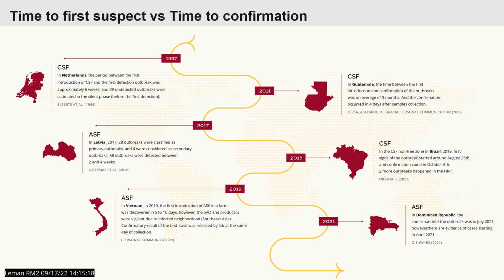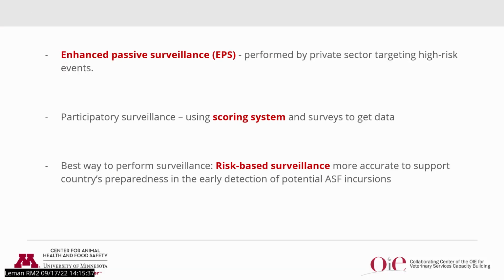We don't know how long it took. So we think that, and following the presentation that Dr. Vanicek made earlier, there is an opportunity to try to work in decreasing as much as possible that time between first introduction of a foreign animal disease and first suspect of that introduction.